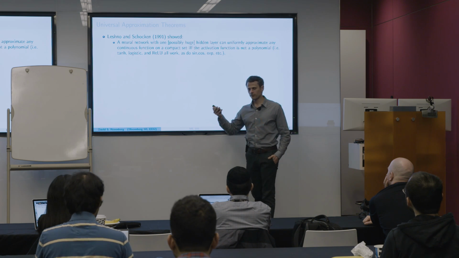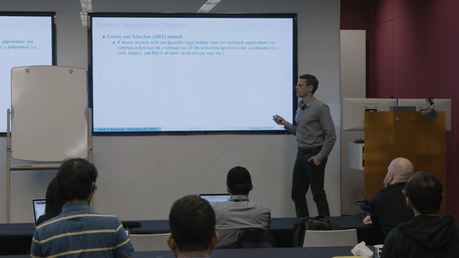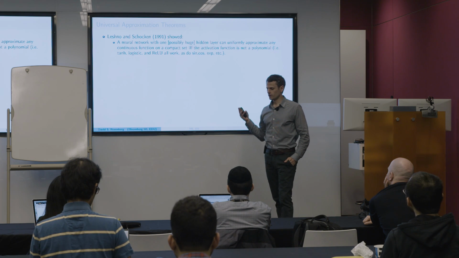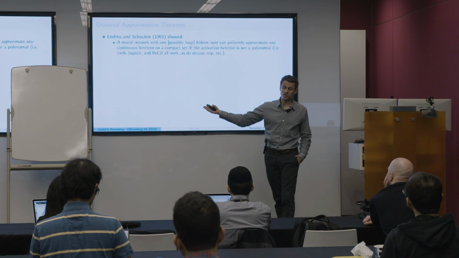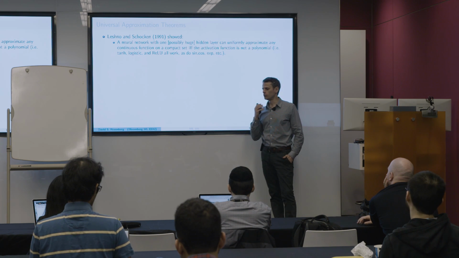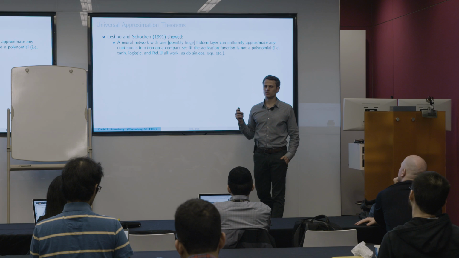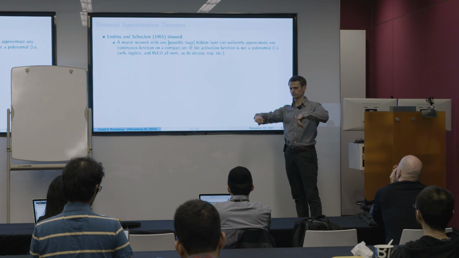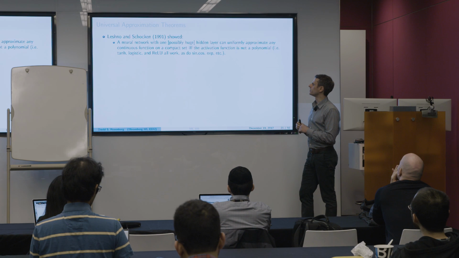And so if we have a valid activation function, then a neural network with just one hidden layer, possibly a huge number of nodes in that layer, but in any case just one hidden layer, can approximate any continuous function arbitrarily closely on any kind of compact set. So you could think of a bounded set in R^d or something.